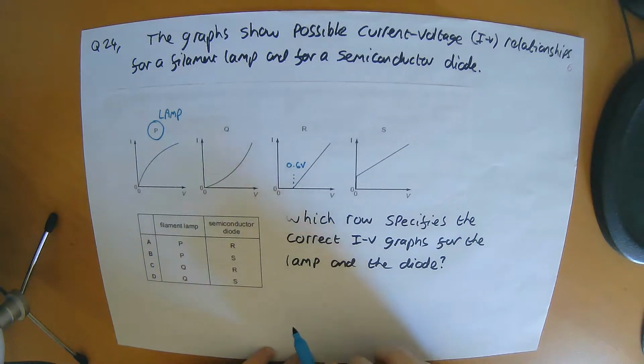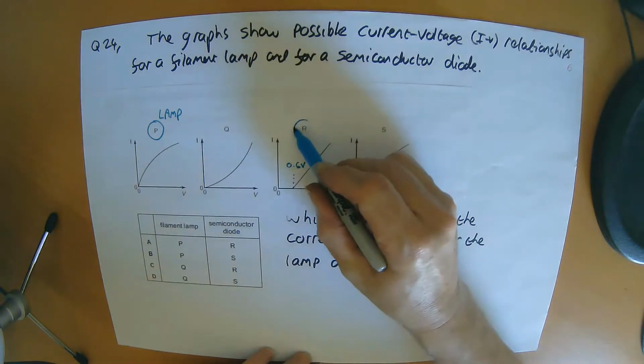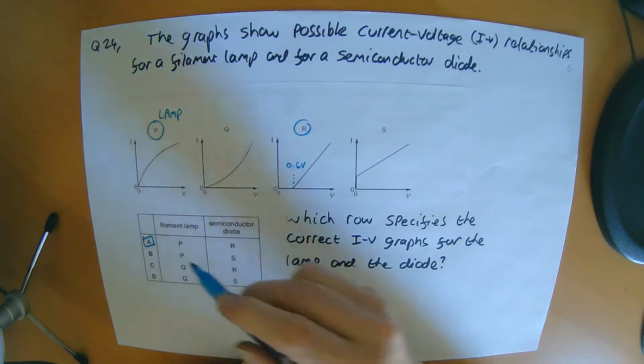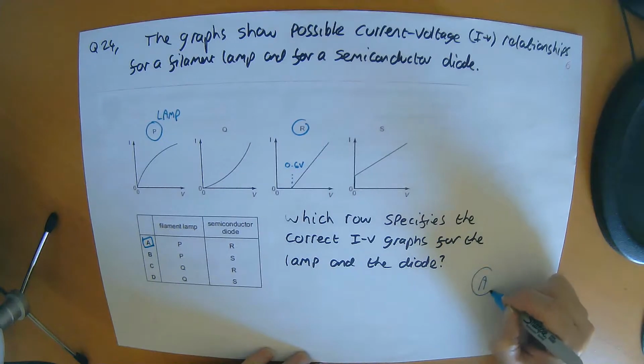That means that the graph for the diode is R. The combination of P and R is answer A.